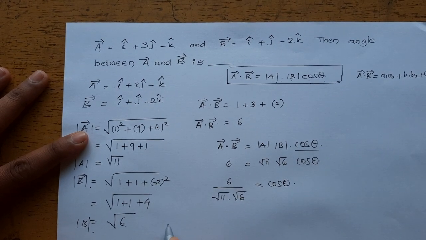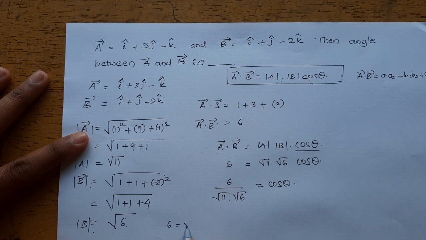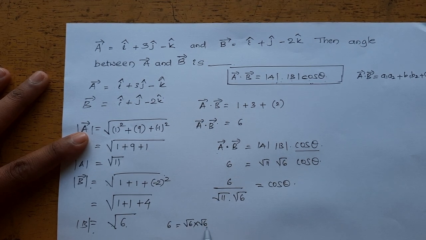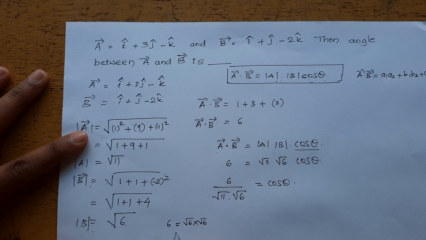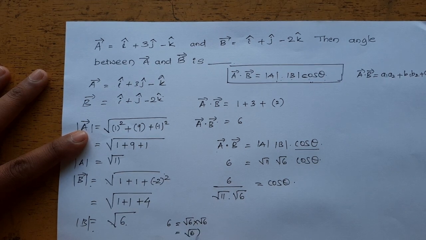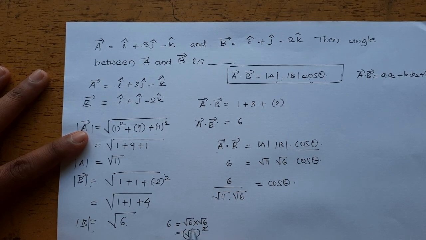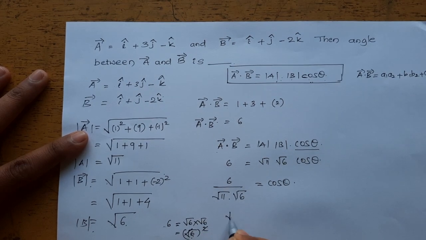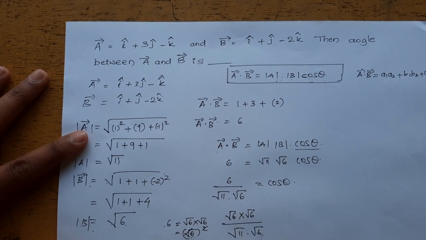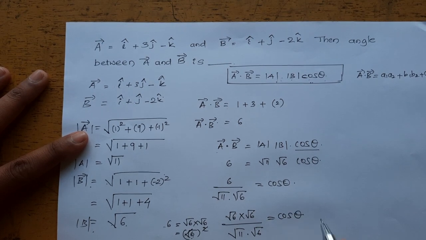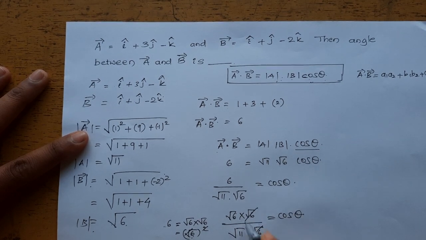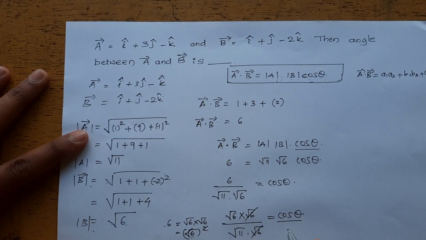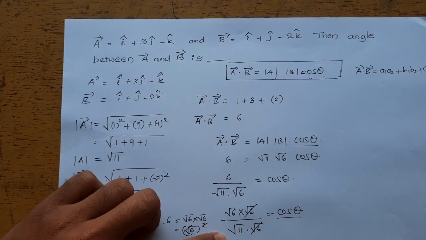Now this 6 we can write as root 6 into root 6. Root 6 into root 6, what happens? Root 6 square, this root and this square cancel, again 6 remains. So we can write 6 as root 6 into root 6 divided by root 11 into root 6, which is equal to cos theta. Then this root 6 will cancel. What is remaining? Only root 6 by root 11.